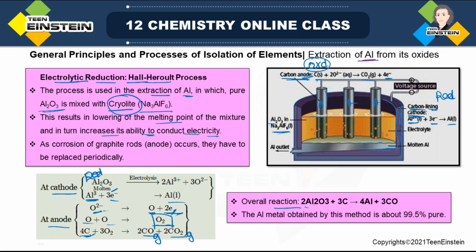So the overall reaction is alumina, in the presence of carbon, converted to metallic aluminium. The aluminium metal obtained by this method is very pure, 99.5% pure.